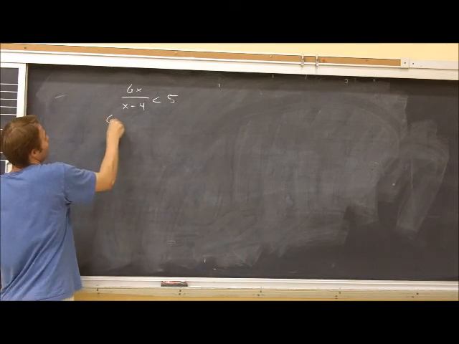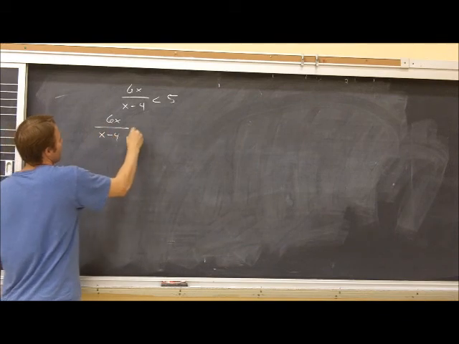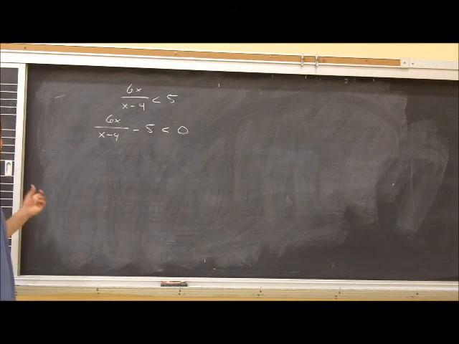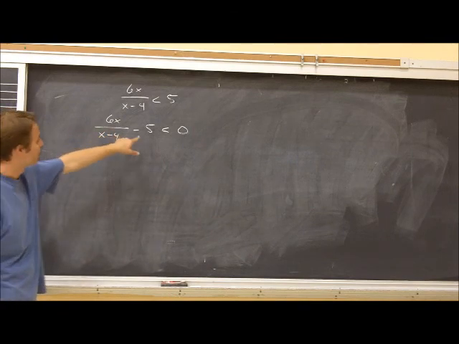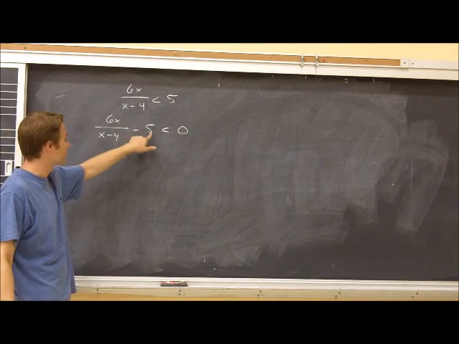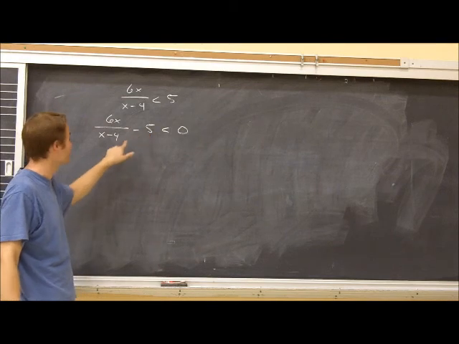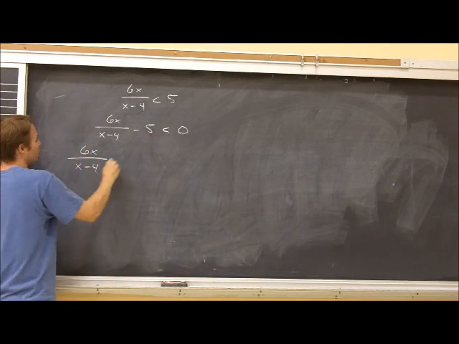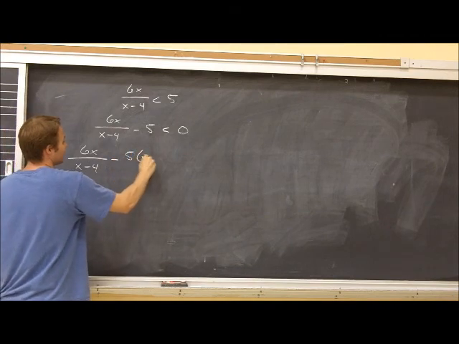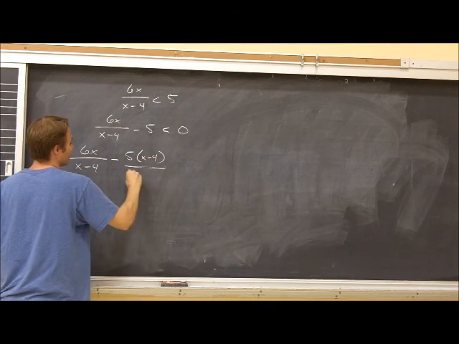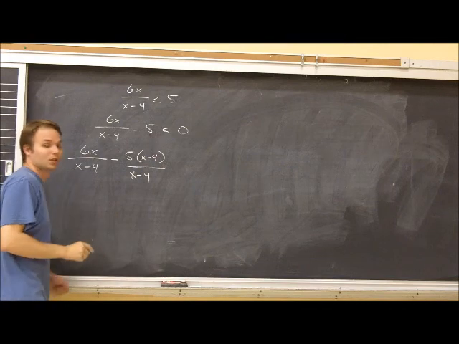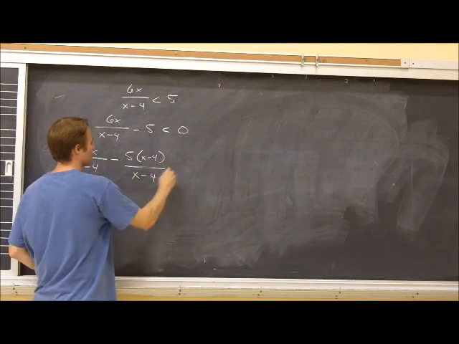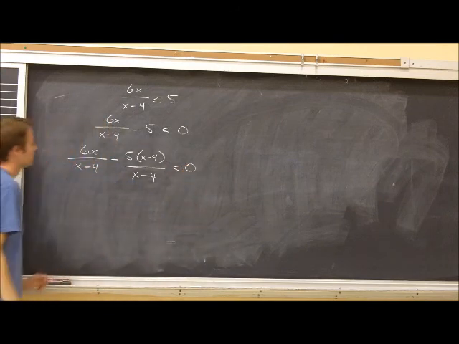What I actually have to do is subtract over the 5 like this. And then I have to combine these two fractions, making this have a denominator of x minus 4. So, 6x over x minus 4 minus 5 times x minus 4 over x minus 4. I did this just to get the common denominators. It is all less than 0.